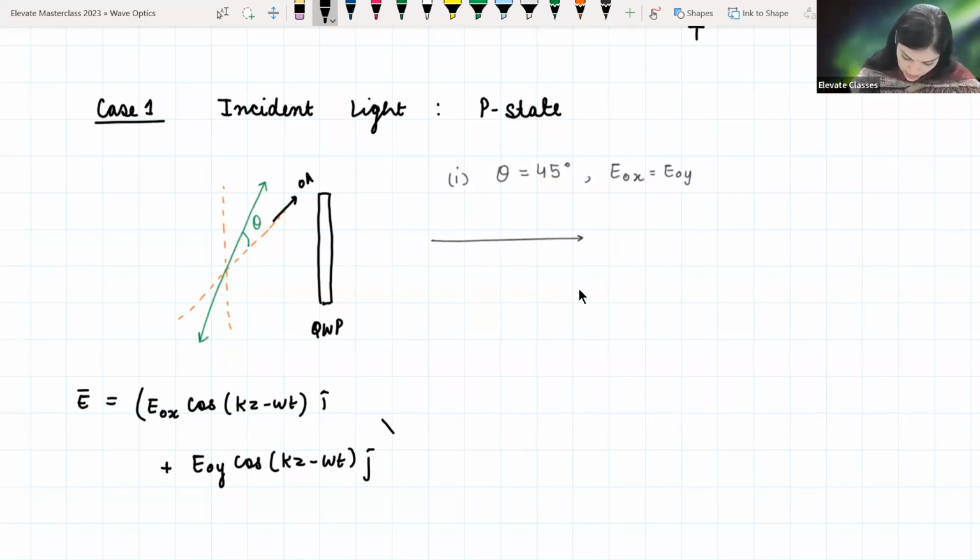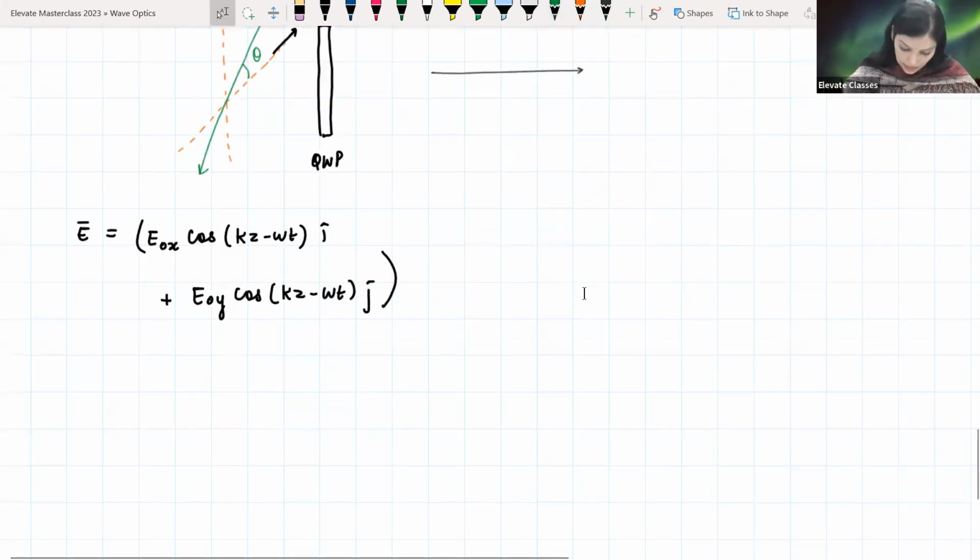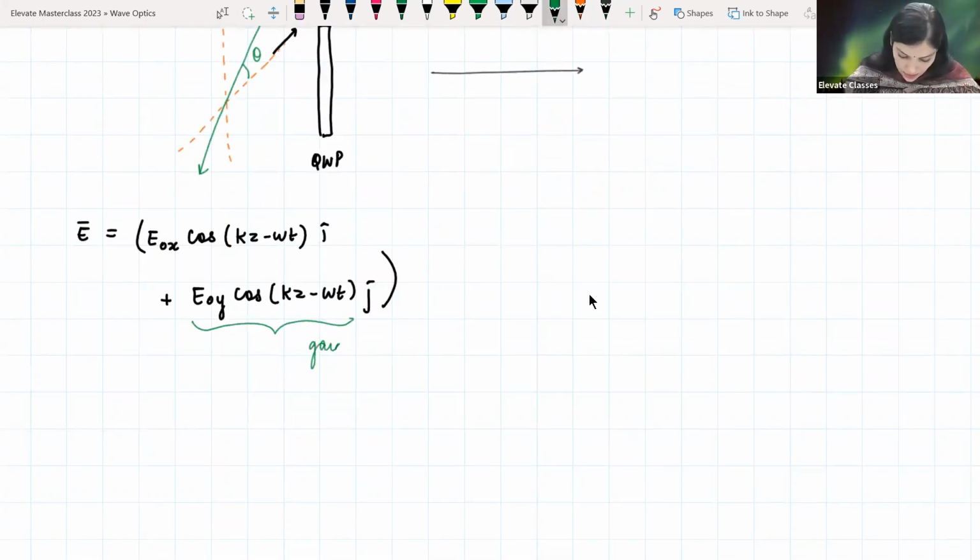Okay, this is what is incident. Cos of this is multiplied with both. Now I'm saying that E0X is equal to E0Y is equal to some E0. They have the same magnitude. So let us say that my j component gains pi/2 phase.